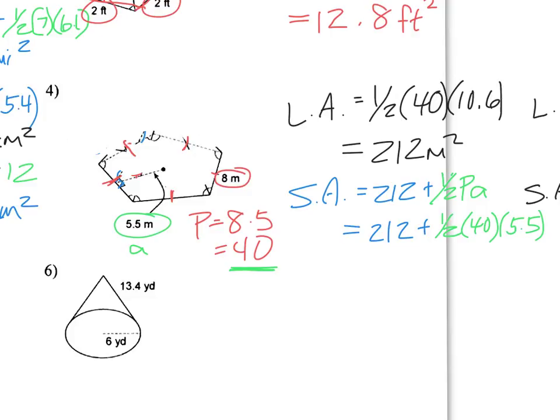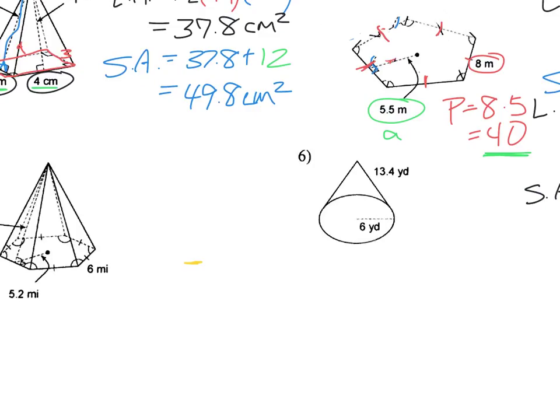So I'm going to do that. That gives me 322. So a little more complex just because of the base figure, but still something that we've done already.